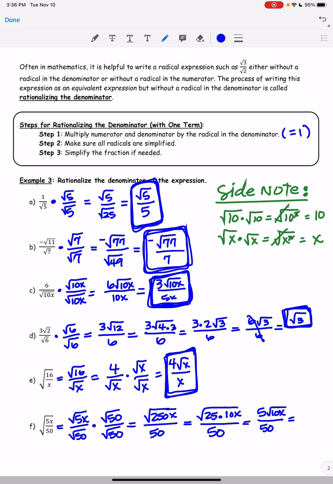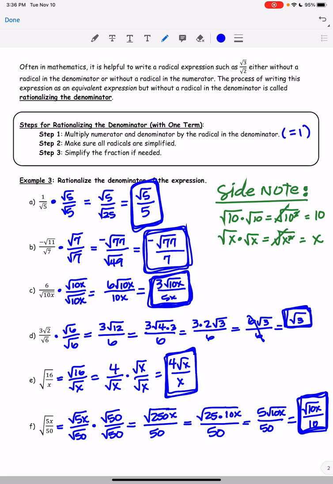Even though 5, 10, and 50 are all divisible by 5, I can only reduce 5 and 50. So if I divide them all by 5, that's going to become a 1. So I'm not even going to write it. We've got square root 10x over 50 divided by 5 is 10. Okay, so that's not so bad.